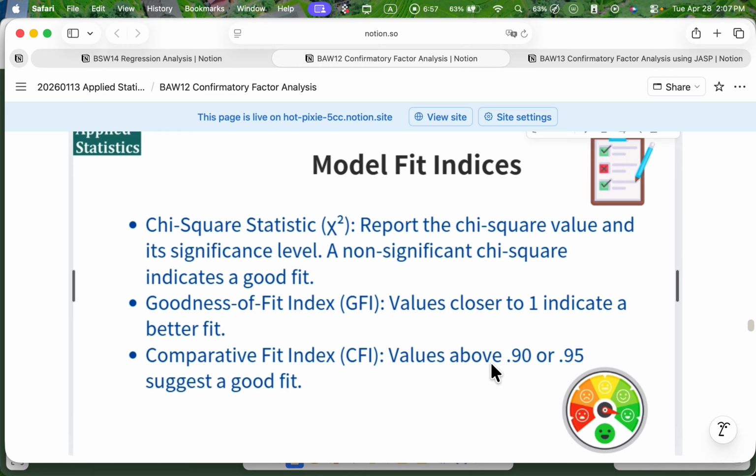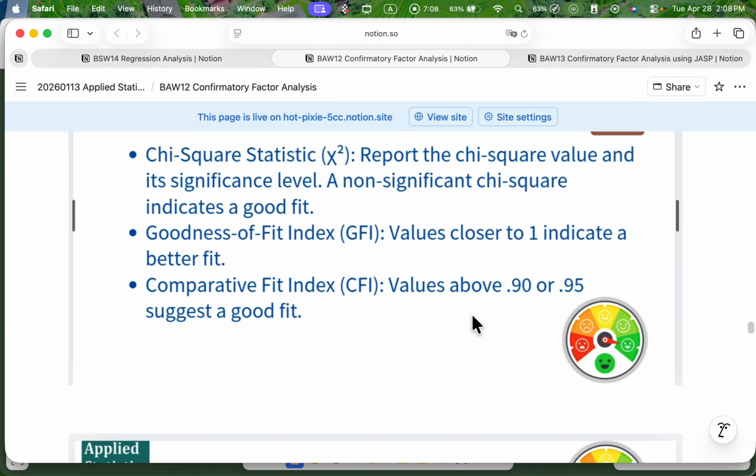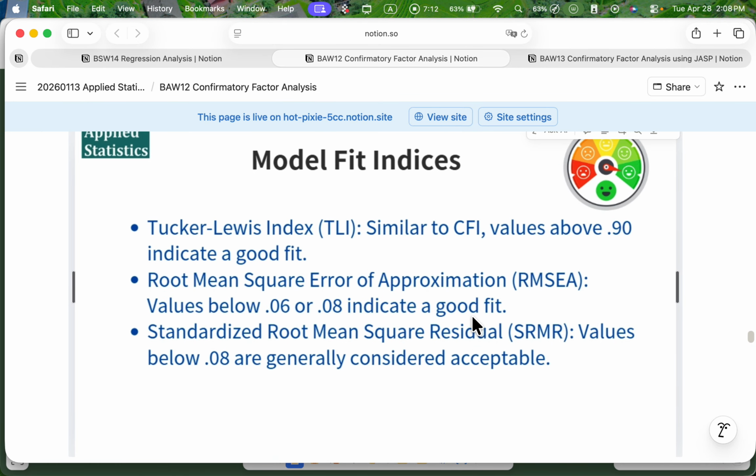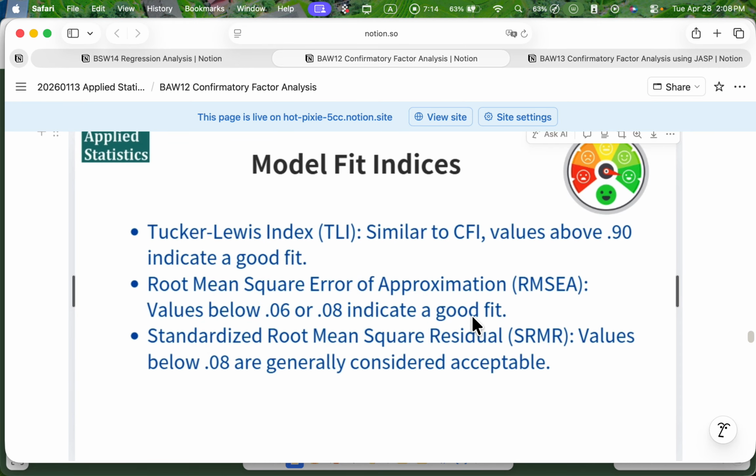Now we have three indexes: the chi-square test, GFI, and CFI. But we have more. The next one is called TLI, the Tucker-Lewis index. It's similar to CFI; a value above 0.9 indicates a good fit. So we can report the TLI if you need.